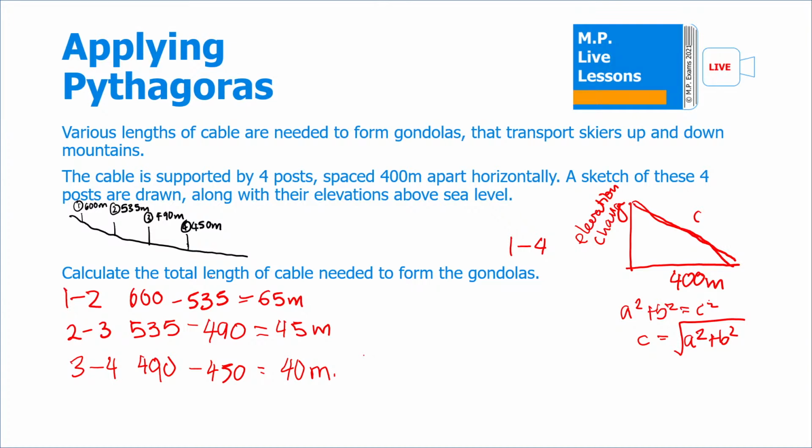For example, with post 1, it would turn out as you'll need 405.2 meters, 105.2 meters for the cable between 2 and 3.